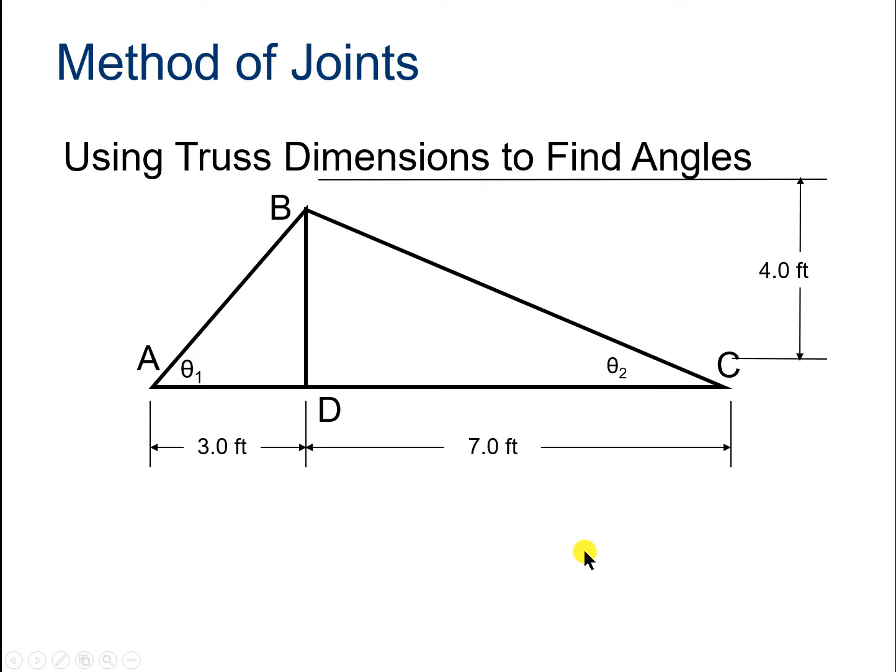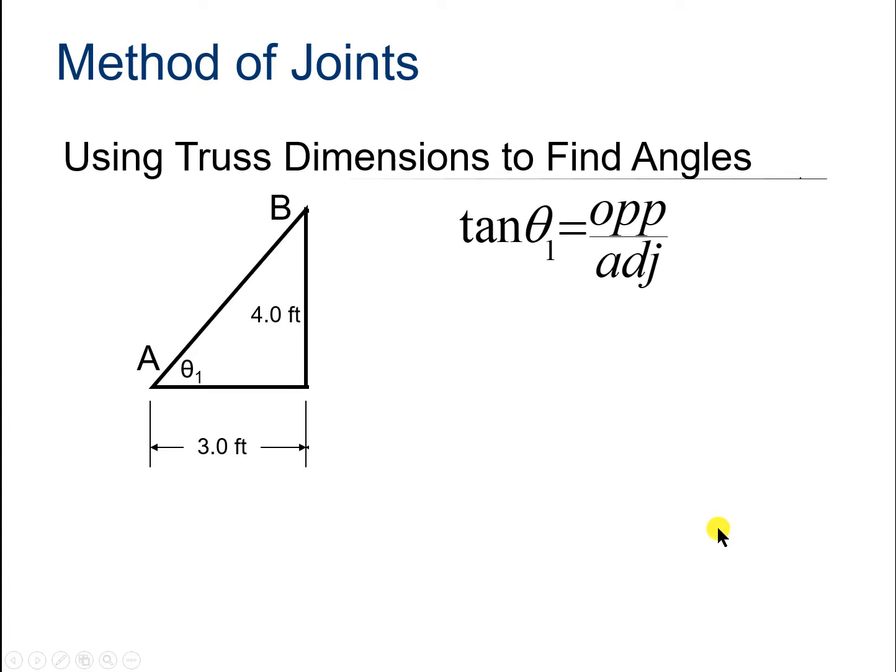And the way to do that, of course, is using elementary trigonometry. We know that distance is 4, so we can just move it over, and we've got a right triangle here. I won't go into detail here. My assumption is that you can do this. If you can't, let me know. The tangent is the opposite over the adjacent. So the tangent of theta 1 is 4 feet over 3 feet.